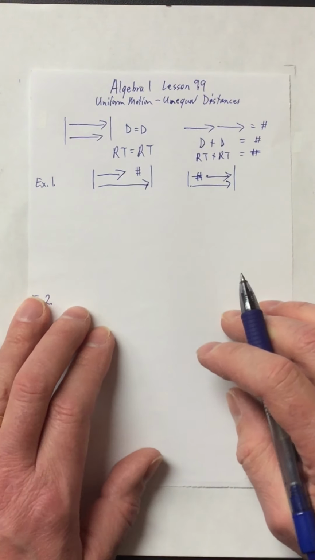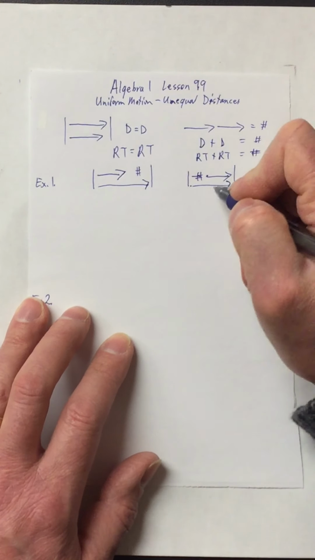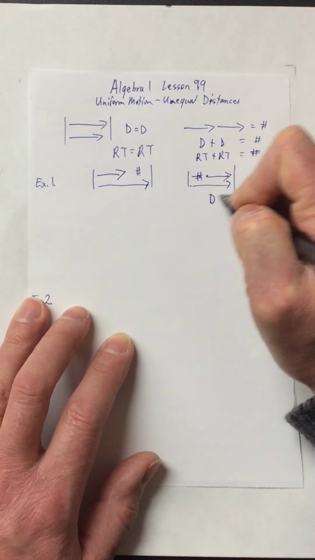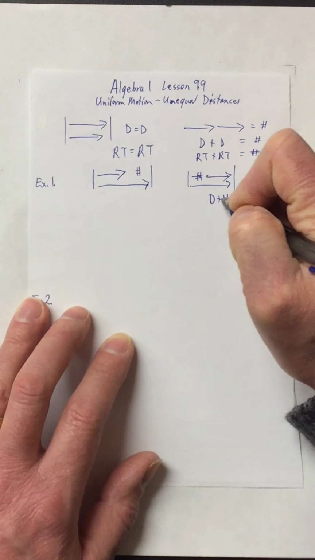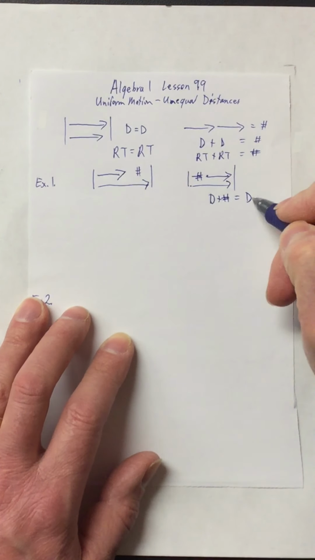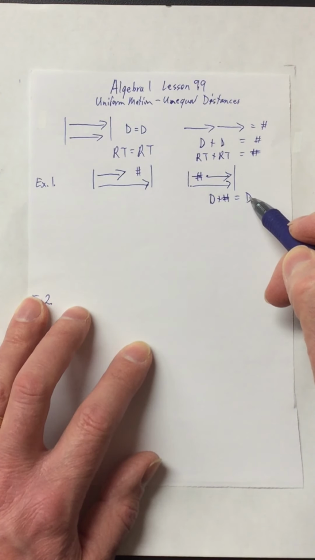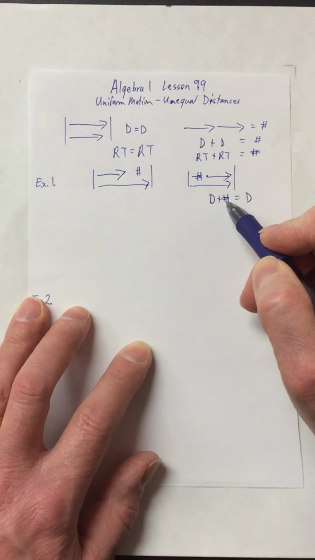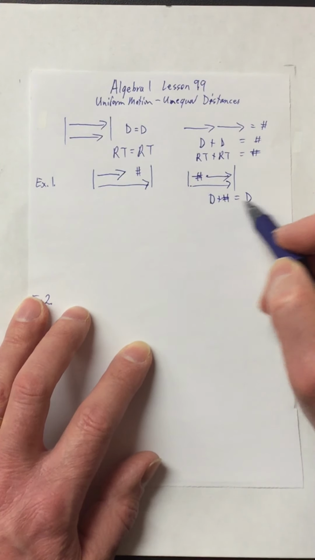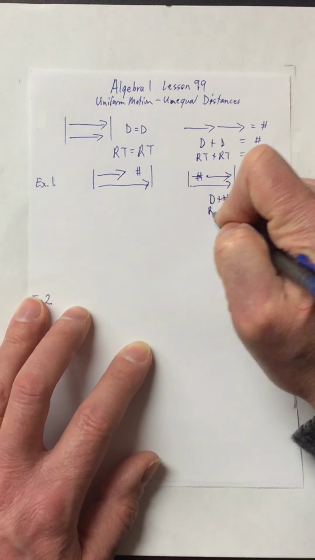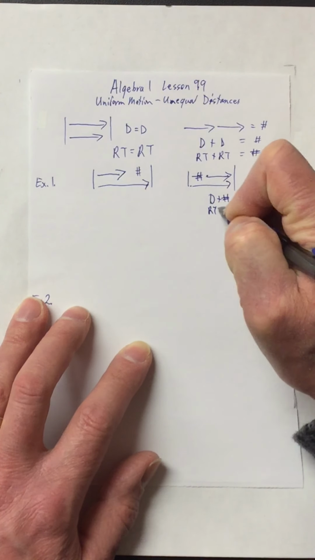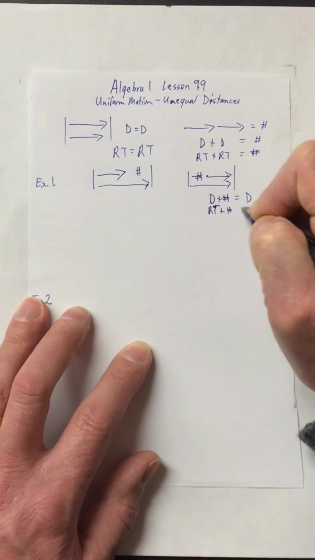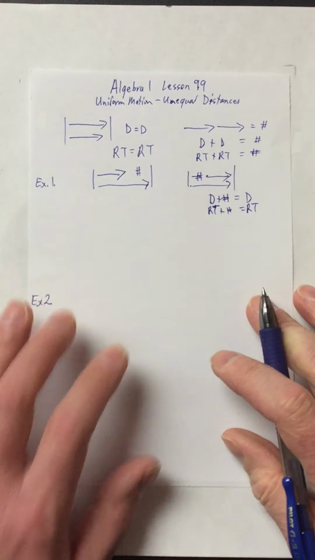And the way that looks as far as our equation is going to be a distance plus a certain amount is equal to the other distance. So obviously the other distance is the largest one. This one plus the amount is the shorter distance, and you got to make up the difference. So rate and time plus that amount is equal to the other rate and time.